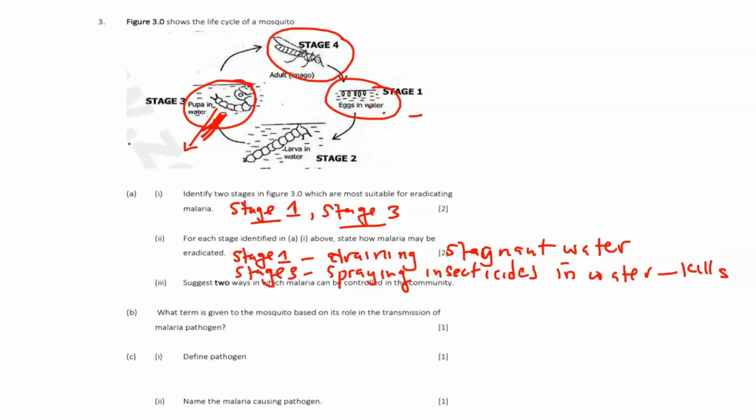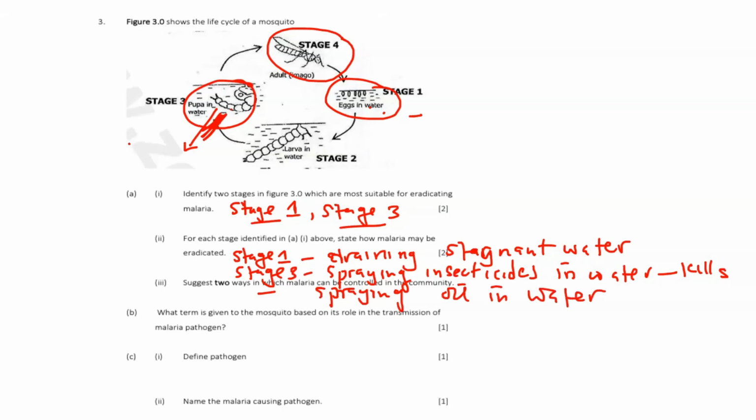So that is how you do it. Draining stagnant water. Then stage 3, we are saying spraying insecticide in water. Aside from spraying insecticide, let me just put this on stage 3, you can look at spraying oil in what? In water.